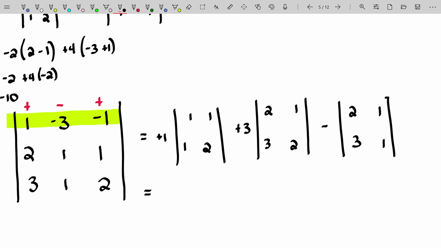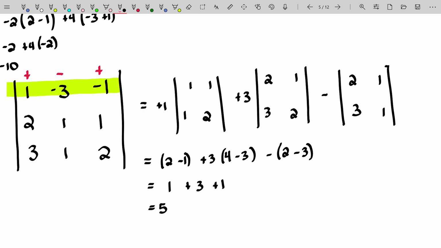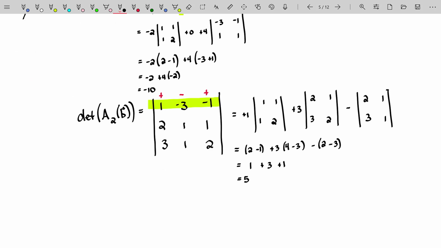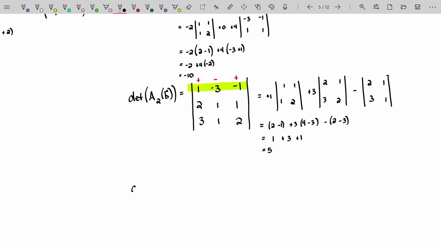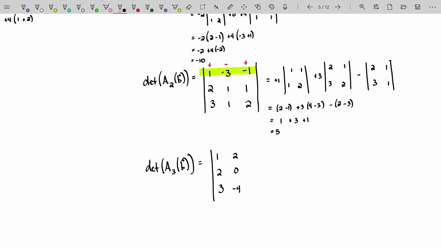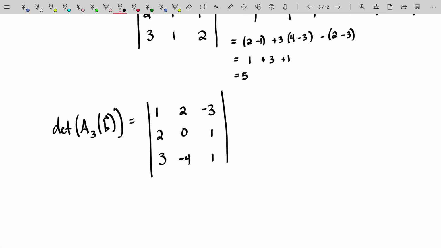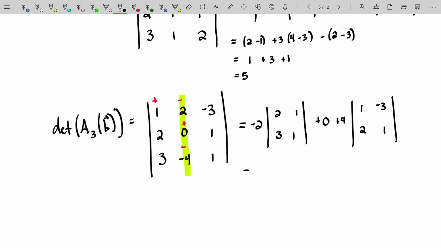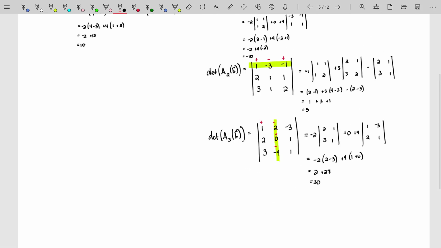And continuing forward, this is going to be 5 if everything is correct. And finally, let's replace column 3 with B. If you notice I'm constantly zooming in and zooming out, it's because I'm checking my work, making sure I'm copying things correctly. I will go ahead and expand this about the second column. And computing this out, I get that.